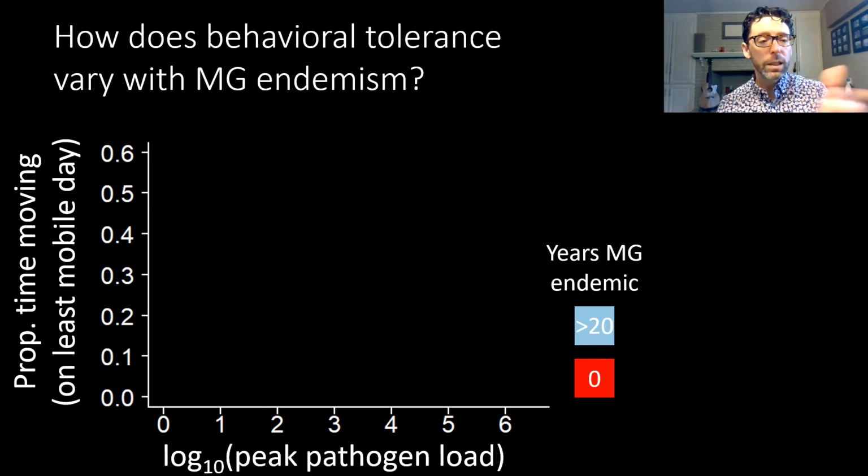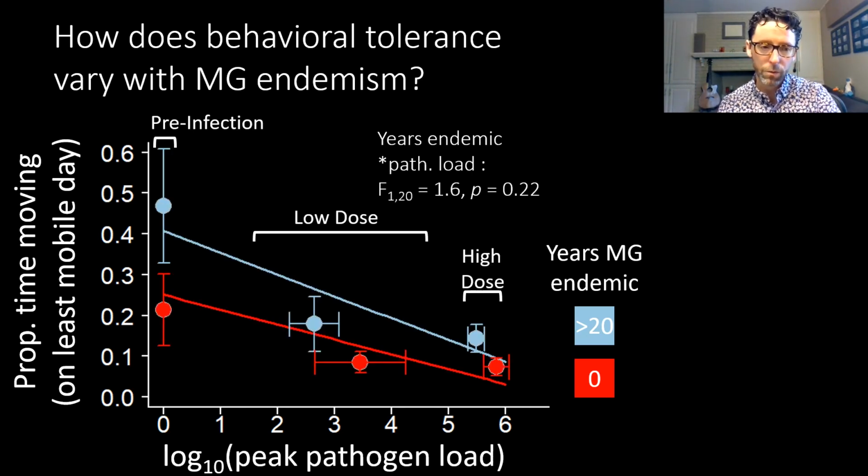So on their least mobile day during the infection is on the y-axis, and at the peak pathogen load. Now we have a few different time points here. We have pre-infection, right? So that's just all the pre-infection data, no pathogen load, what they're doing regularly, low dose and high dose animals. And what we see is no big pattern here, though I will note that those sample sizes are quite a bit smaller right now than for the other experiment for tissue-specific tolerance.